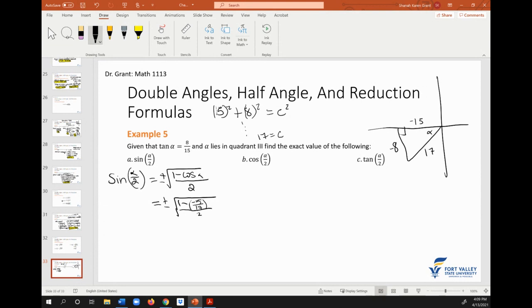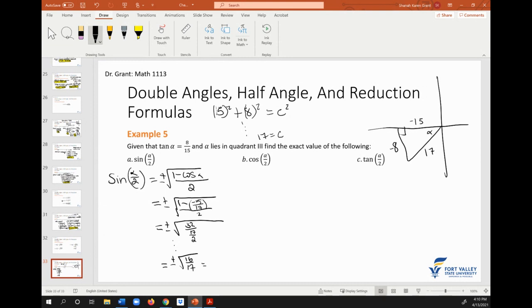Okay, now doing some simplification. I'm going to leave this to your imagination, but I'm just going to do this part. You should have for your numerator 32 divided by 17, all over 2. And once you simplify, you should get plus or minus 16 divided by 17.